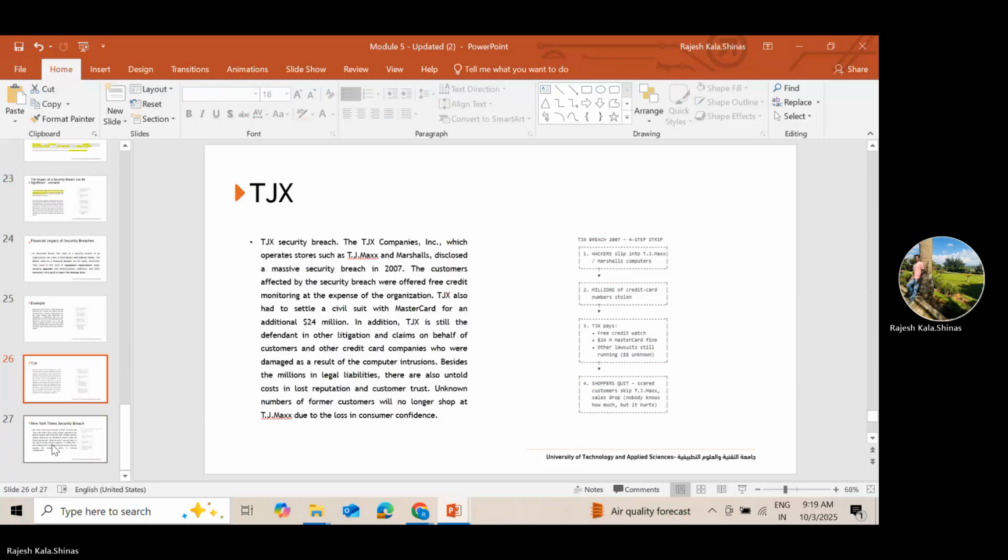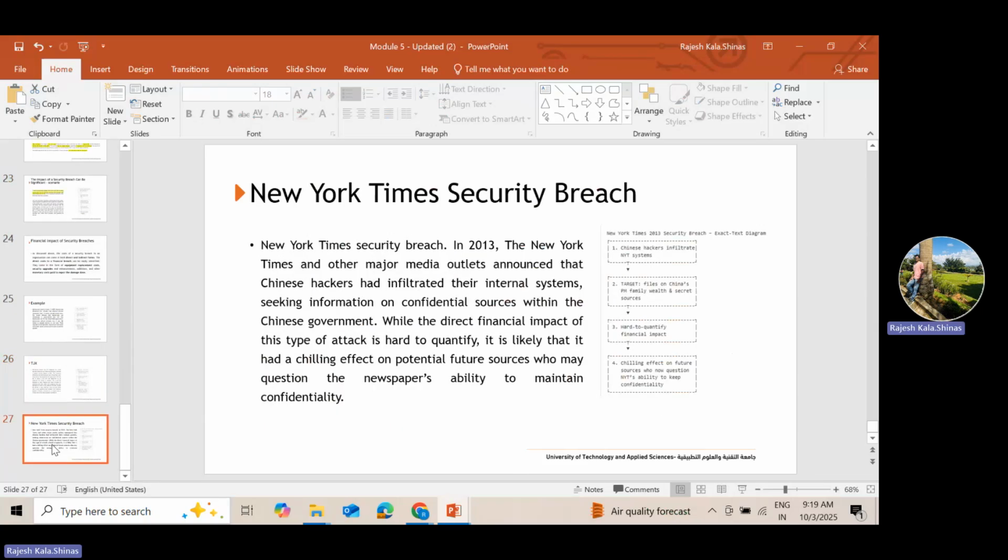Last one, the New York Times security breach. The New York Times is a big media company that runs channels and has newspapers. A security breach happened there too, in 2013. Instead of text, I put a diagram.